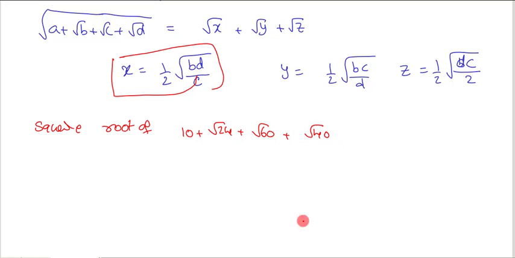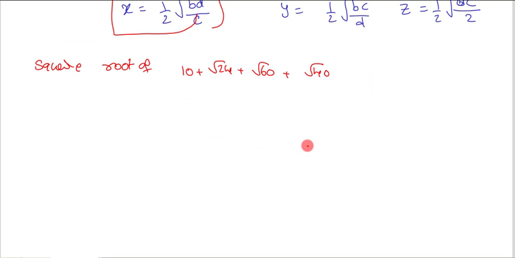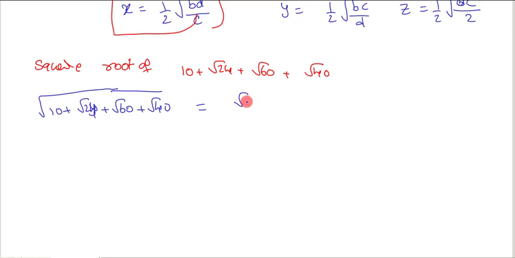So here it is in the form of a plus root b plus root c plus root d, and the square root of this will be in the form of root x plus root y plus root z. Then how are we going to get the x value?